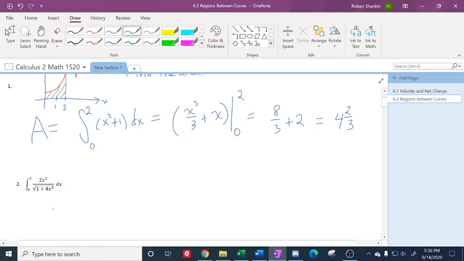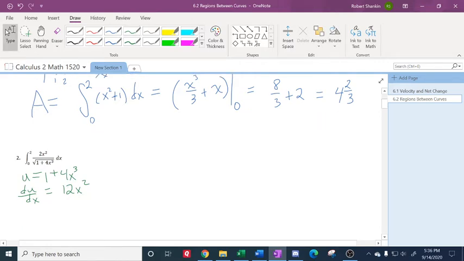This needs a U substitution. Okay, now what I'm seeing up here, I could pull that 2 out front, or I could just leave it. All that stuff, I want to get that right here. So if I multiply both sides by dx, I get du is 12x squared dx.